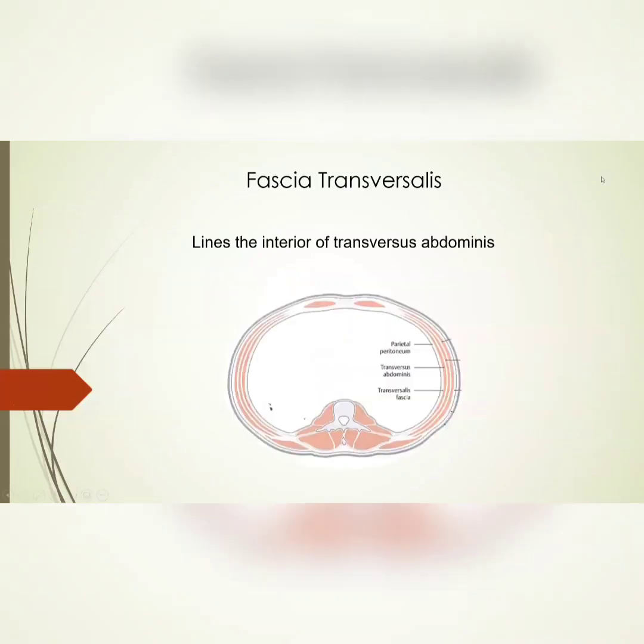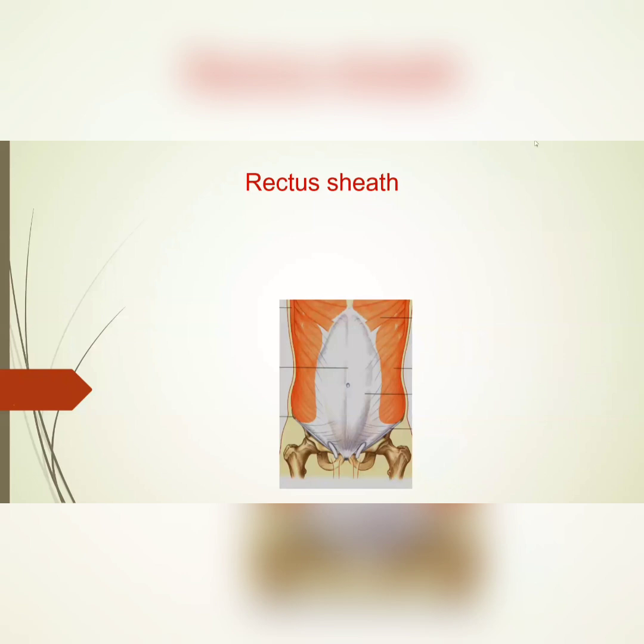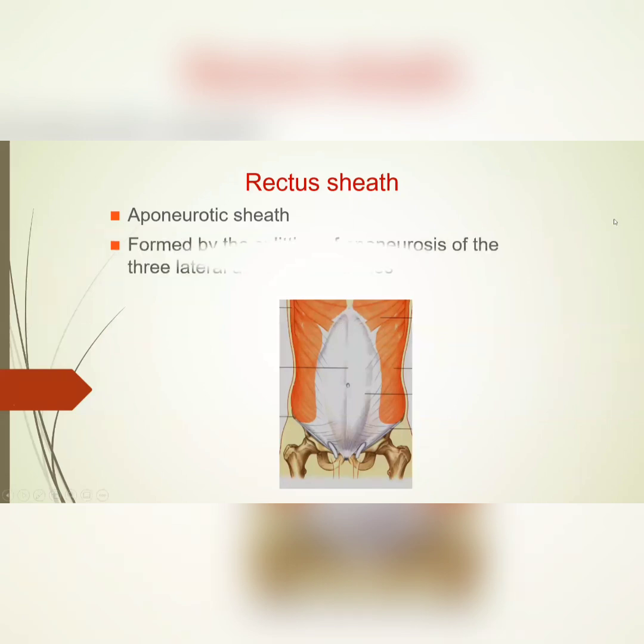So finally, the layer of the anterior abdominal wall, the fascia transversalis, is the fascia which lines the interior of the transversus abdominis muscle. Now you've had a look at the rectus sheath. The rectus sheath is an aponeurotic sheath which covers the rectus abdominis and the pyramidalis muscles.